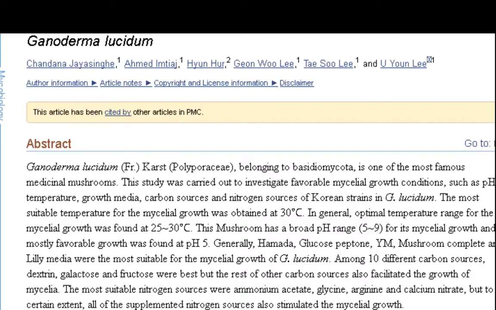Clone mushrooms, tissue culture. Here it is. Favorable cultural conditions for mycelial growth of Korean... No, I don't know. Let's see if I do this.